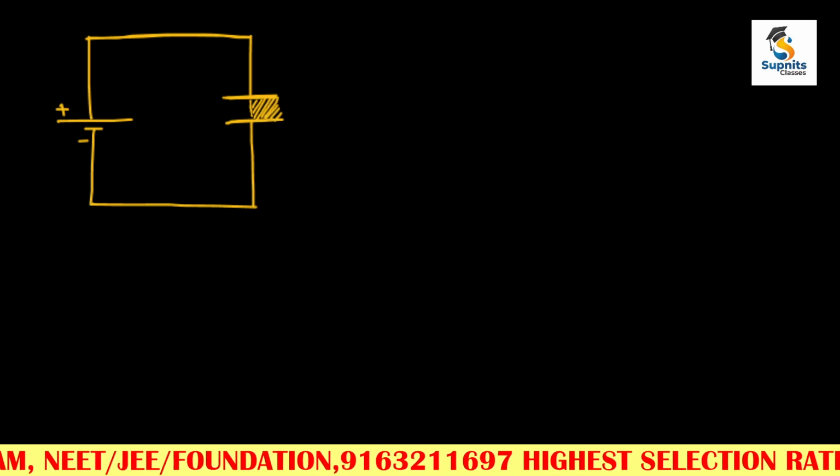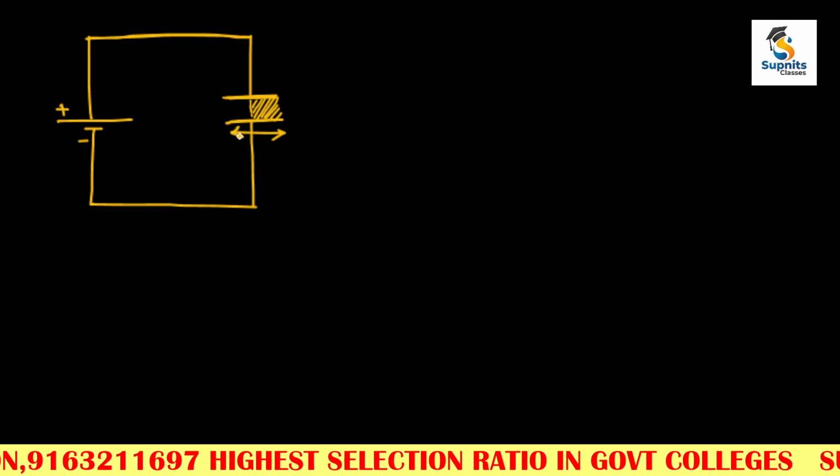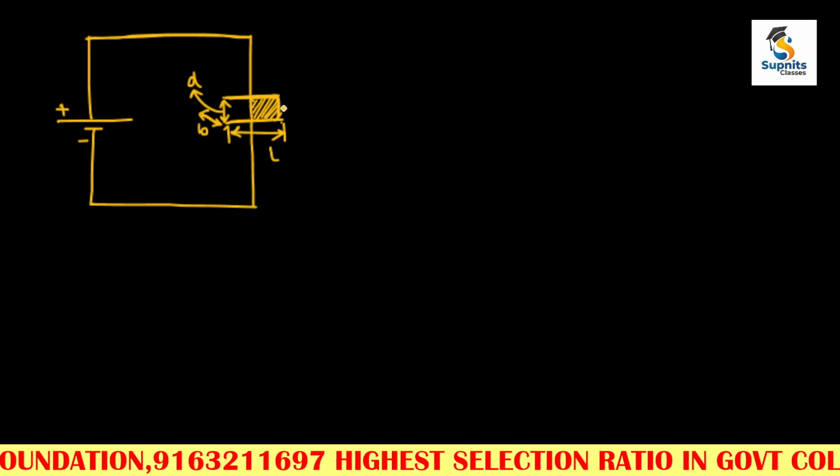So this parallel placed capacitor, as you can see over here, is having a length of L. A dielectric is inserted into it. It is having a breadth on the Z axis as B, and the width of this capacitor is D. With this dielectric slab that is inserted in the capacitor, there is a spring attached which is connected to a rigid support.